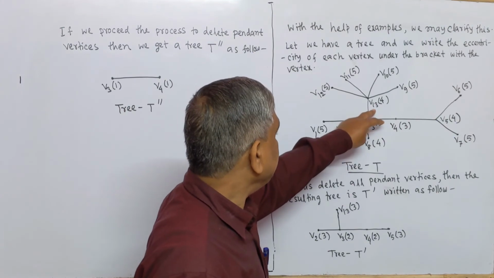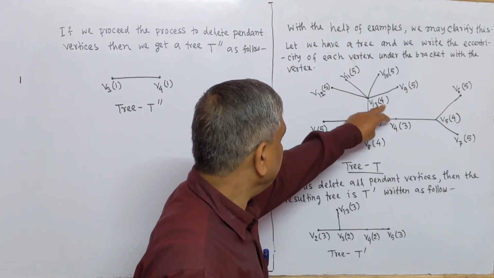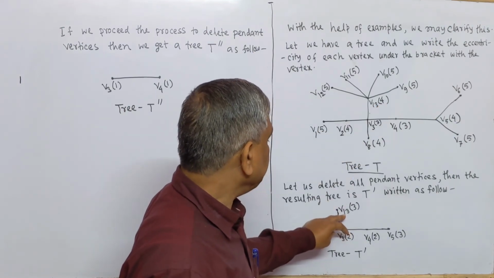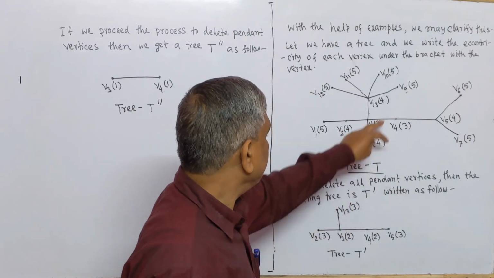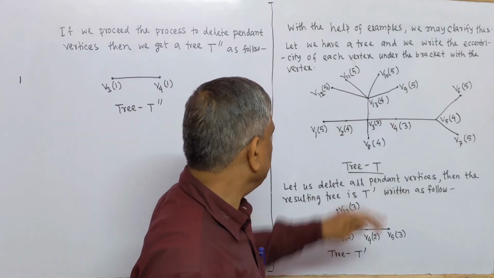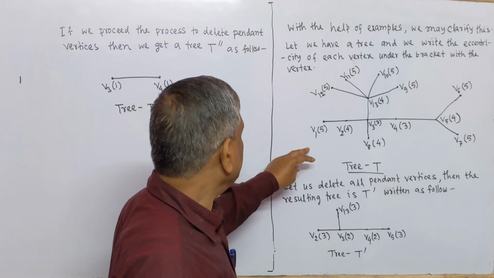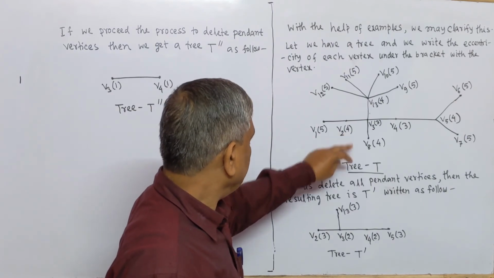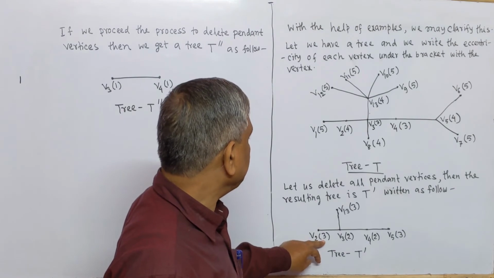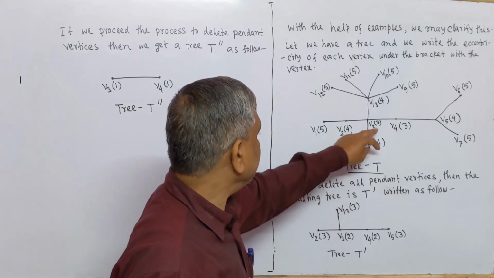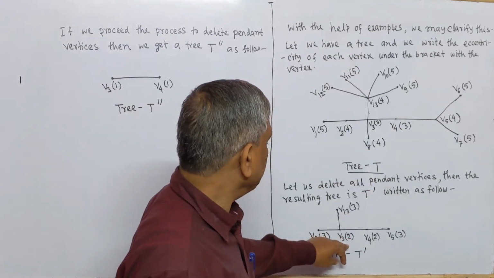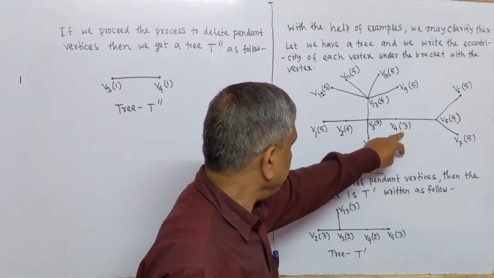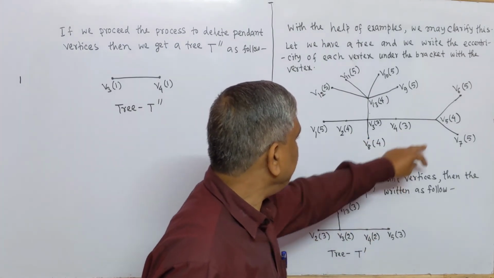Here eccentricity of V13 be 4. Here eccentricity of V13 is 3. 3 is 1 less than 4. Here eccentricity of V2 is 4. Here eccentricity of V2 is 3. Eccentricity of V3 is here 3. Here 2. Here V4 3. Here 2. Here V5 4.